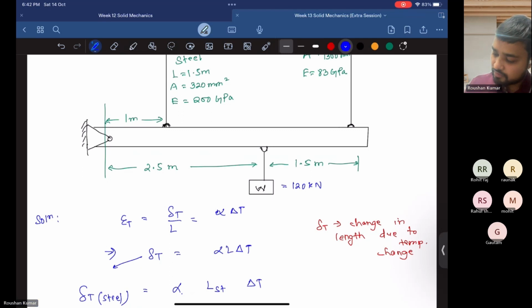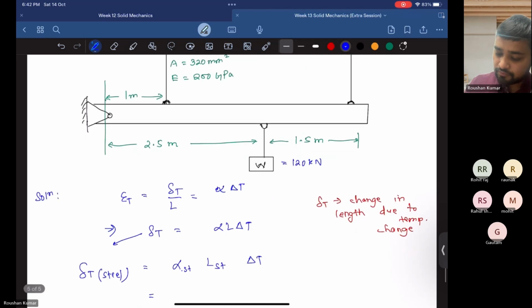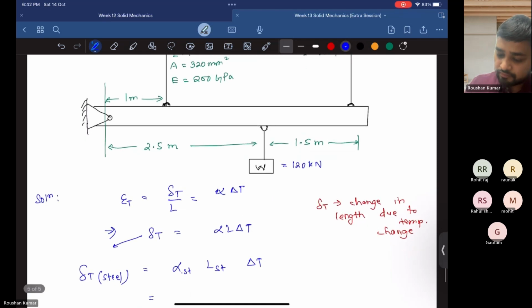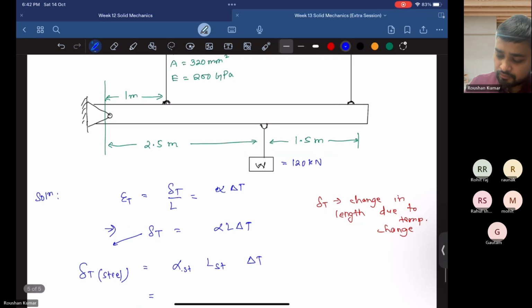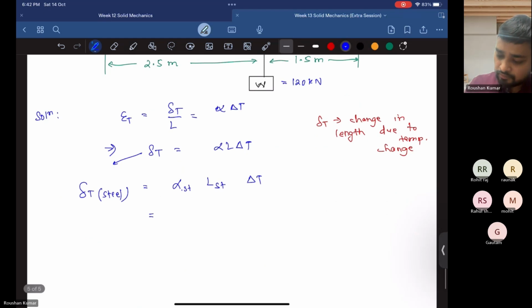Alpha of the steel is given as 11.7 into 10 to the power minus 6.